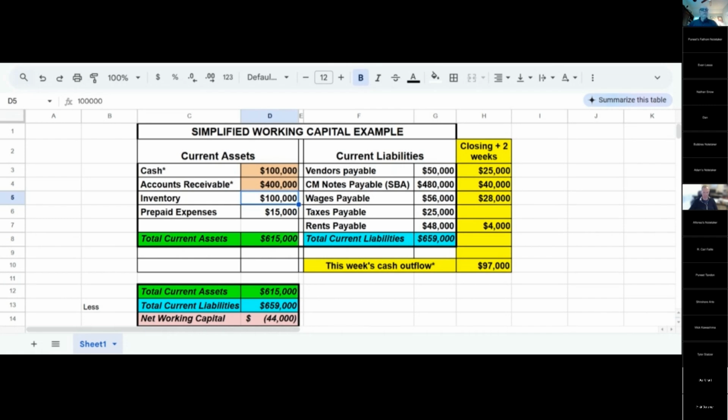So, understanding the importance of the jobs in progress report, let's take a look at that. One of the other things that you may see is, you get really close to closing, and the seller says, "Look, I sold this big job. You're going to have the benefit of this job, and they just paid us. We've just invoiced them for $150,000, and I'm going to take that at closing."